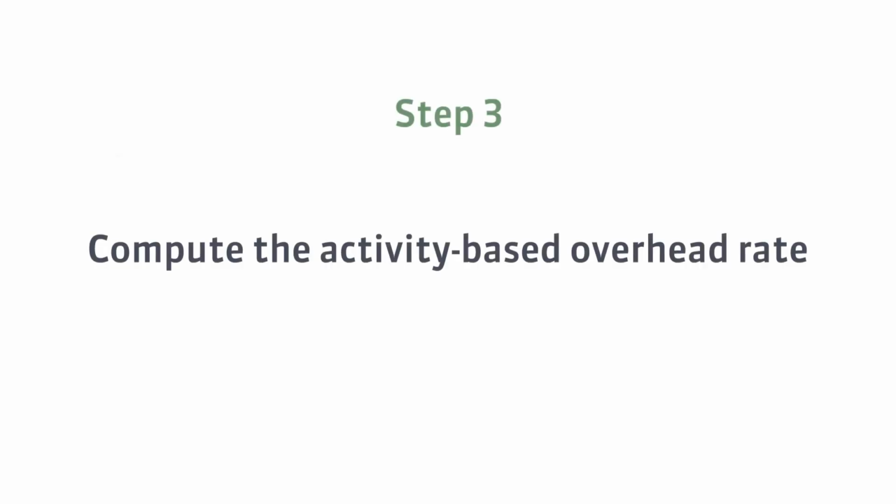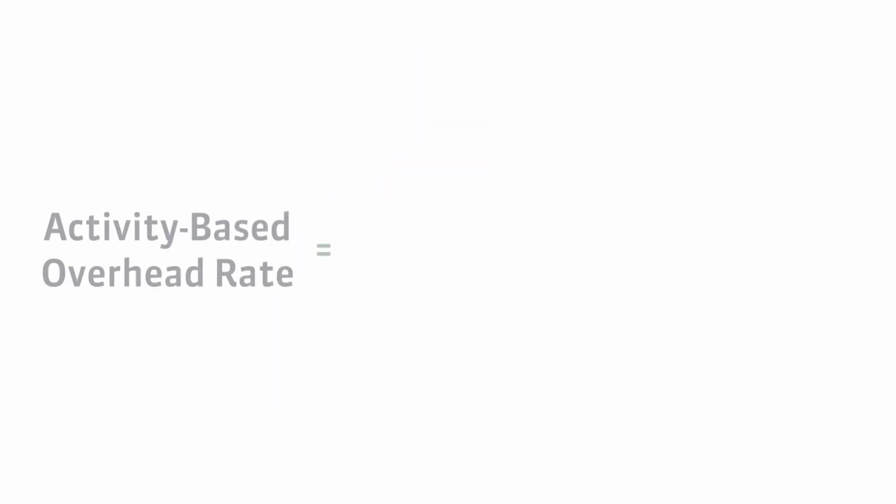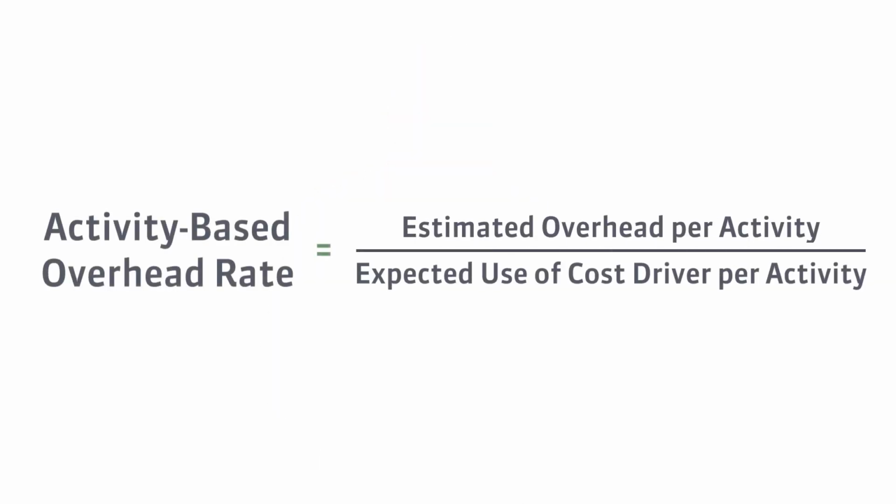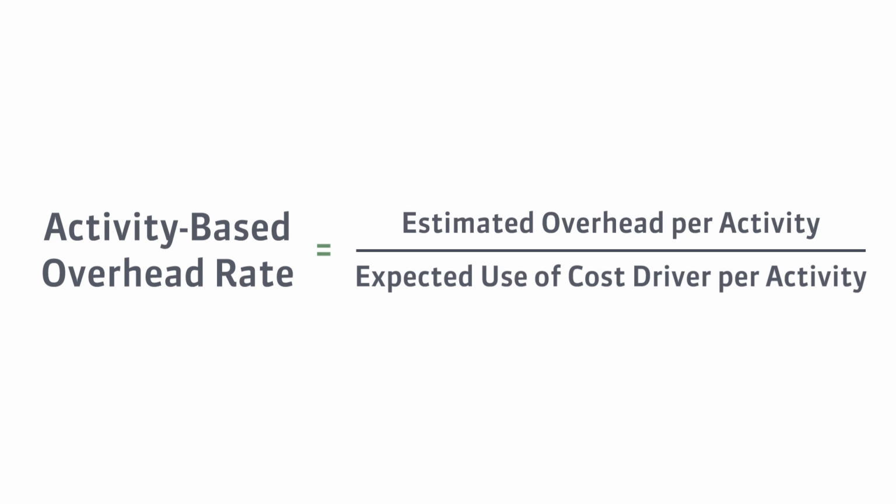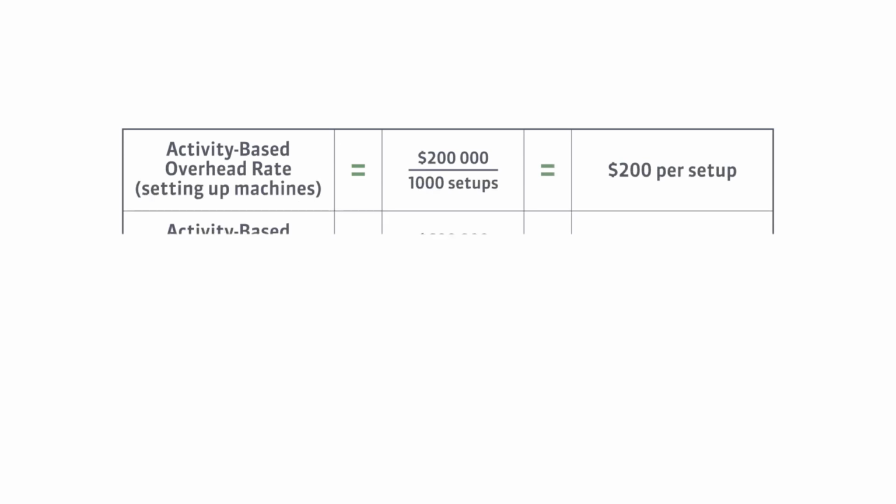Step 3. In the next step, we calculate an activity-based overhead rate per cost driver by dividing the estimated overhead per activity by the number of cost drivers expected to be used per activity. Let's calculate it for each pool.